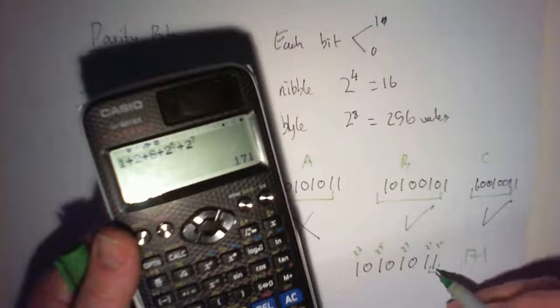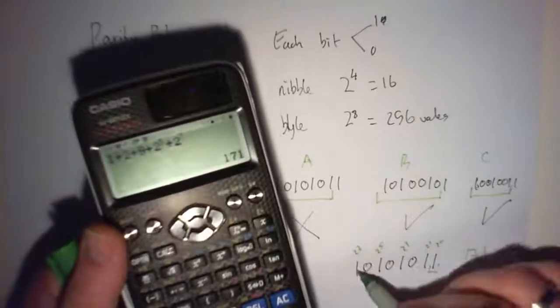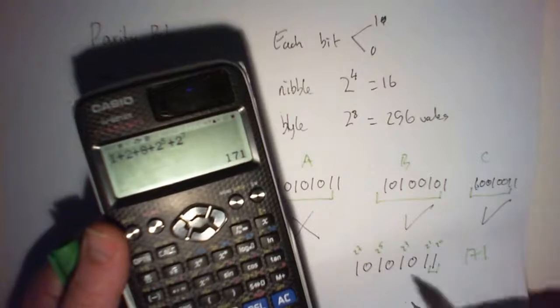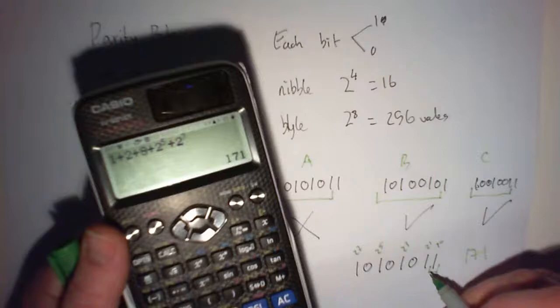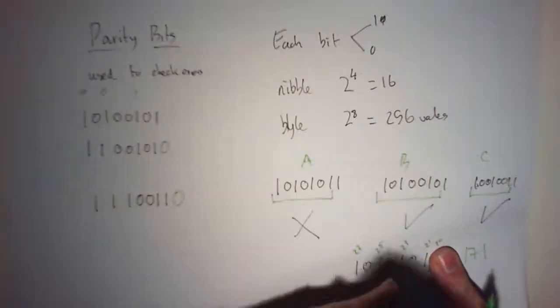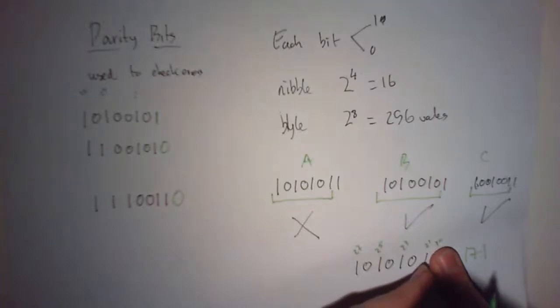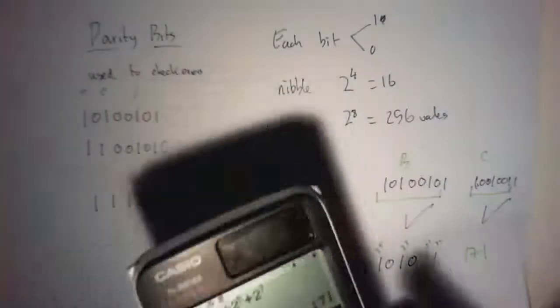But the computer knows that in this particular scenario, this just indicates a parity bit. So it's just checking. So when you see that, it'll say, okay, odd. Check that it's odd. It's not odd. But the reality is what you're trying to get it to do is you're ignoring that. If this was true, the computer would just go 2 to the power of 0, 2 to the power of 2, 2 to the power of 4, 2 to the power of 6, which would be a totally different number.